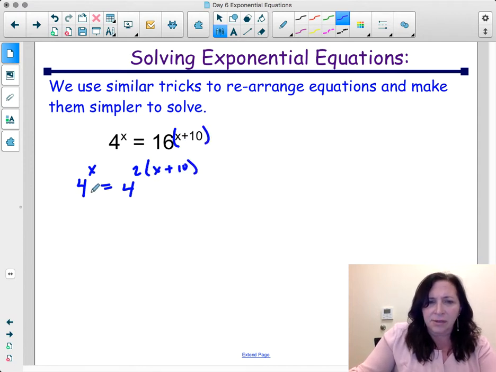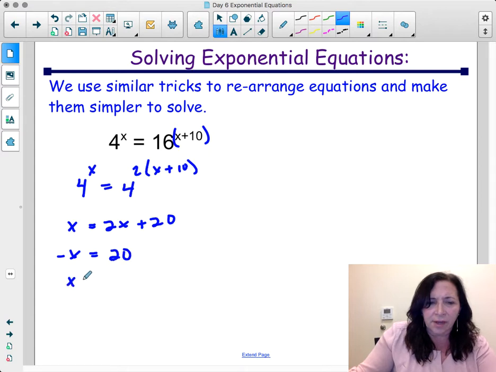Now my bases are the same, and therefore I can just set my exponents equal to each other. So I have x equals 2x plus 20. I'll subtract 2x, and I get negative x is equal to 20, so x is equal to negative 20. And that's my answer.